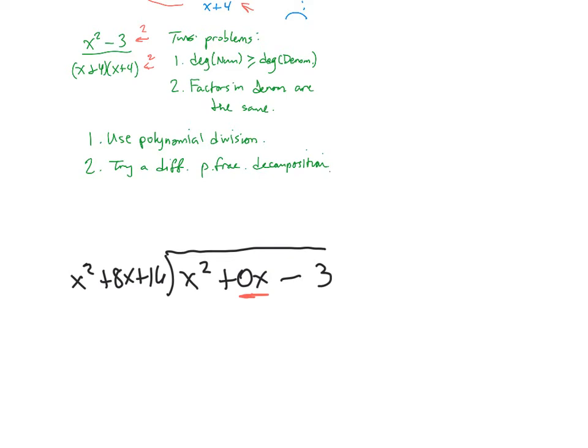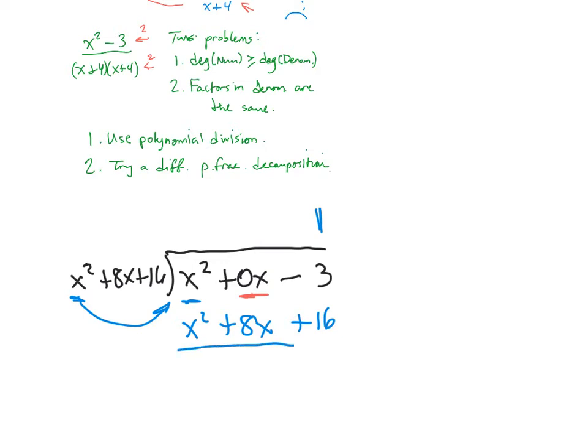Okay. So to divide, we're going to look at the lead term here and the lead term here and see that this goes into this one time. And then 1 times this is x squared plus 8x plus 16.